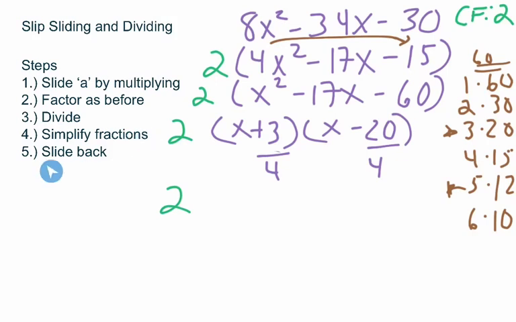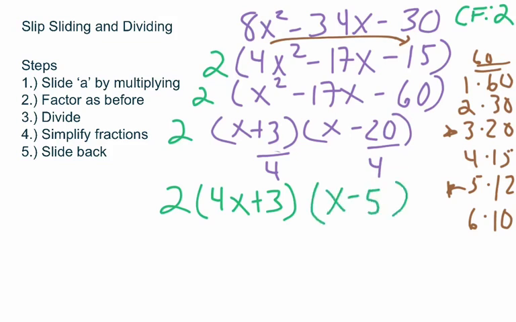So we're going to simplify the fraction and we're going to slide back. The 3/4 does not simplify. So I'm just going to go right ahead and slide that back and we'll get 4x plus 3. The 20 over 4 does simplify, but it's going to simplify in a way that I don't need to slide it. And there's my factors. There are actually 3 factors here.